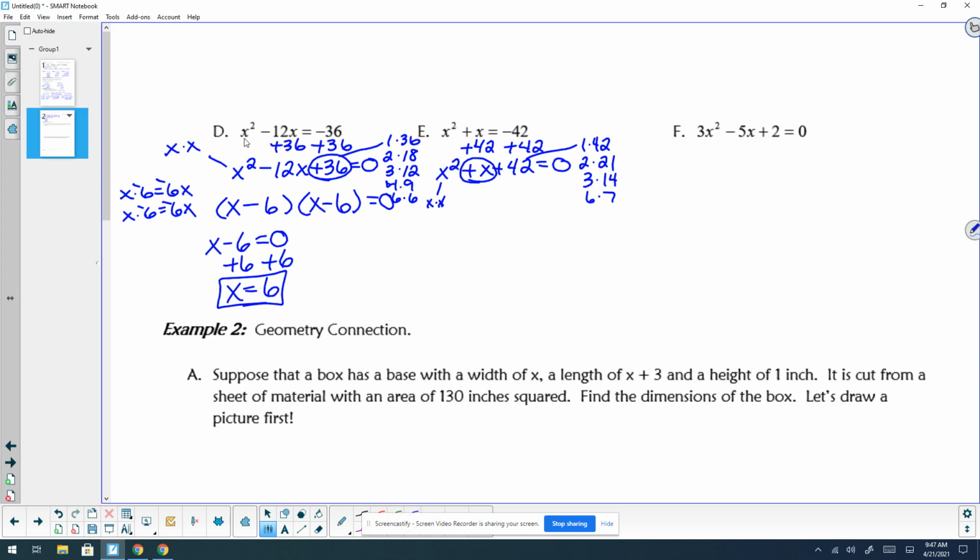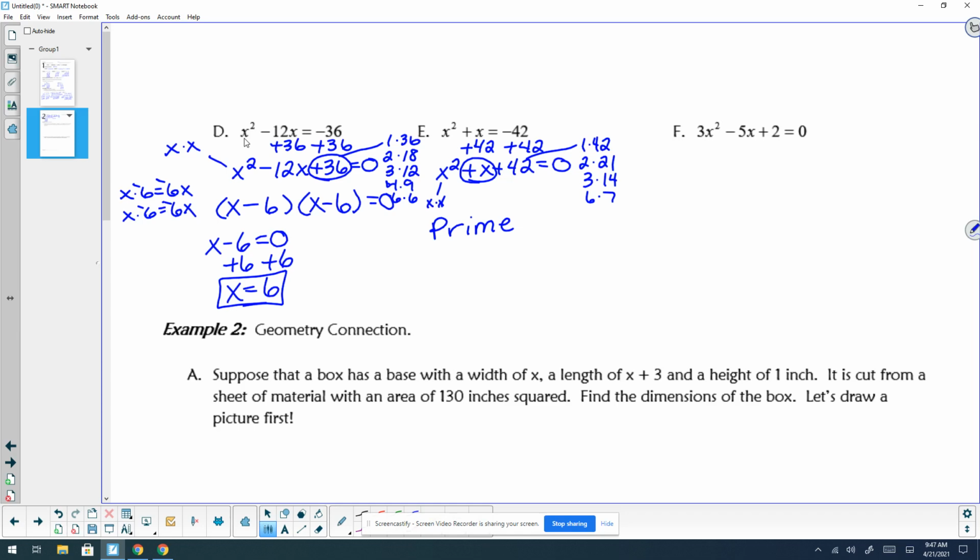The problem is I don't have anything that's smaller than 1x. So I have all these things that multiply to 42, but none of them can multiply to a positive 42 and add to a positive 1. Meaning that this is actually a prime polynomial. I cannot factor this. There's no way to multiply to a positive 42 and then add to a positive 1.